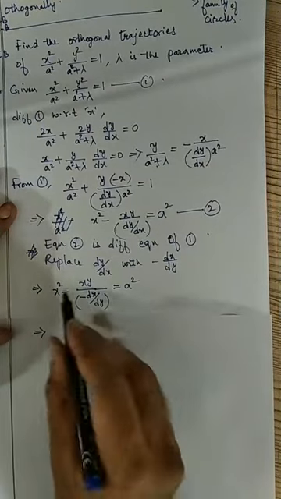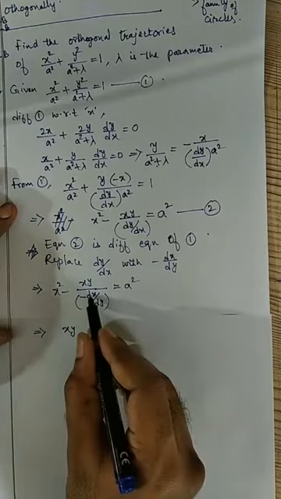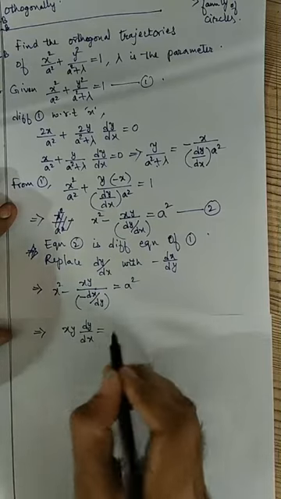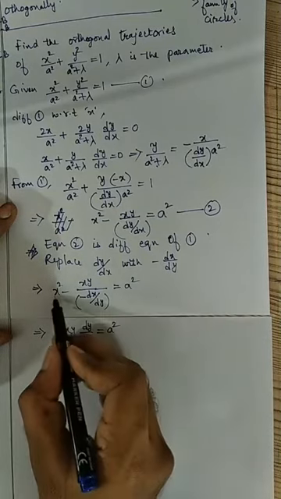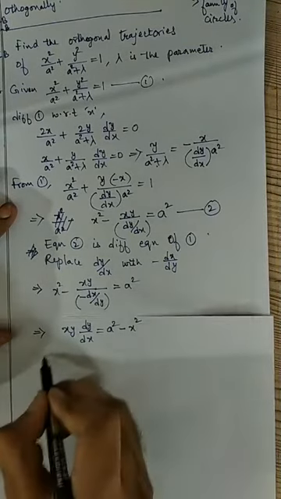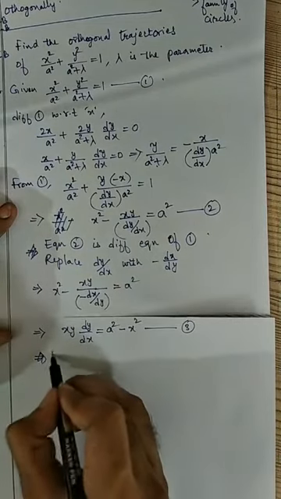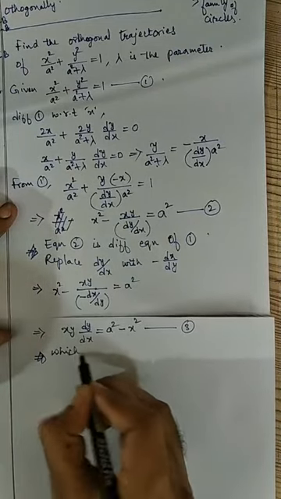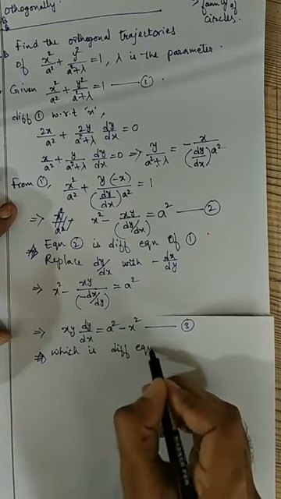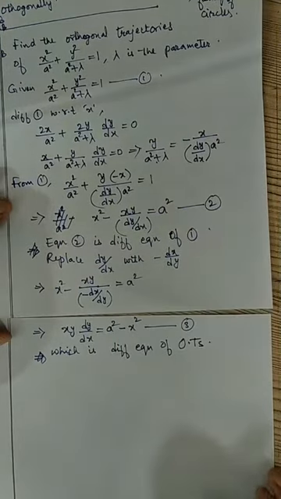So what will remain here? xy, and this dx by dy can be written as dy by dx, by taking a square in the numerator, and this x square I am taking to the right hand side, minus x square. Now this equation 3 is the differential equation of orthogonal trajectories.